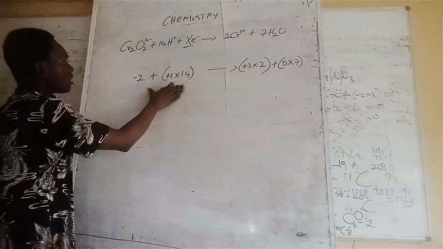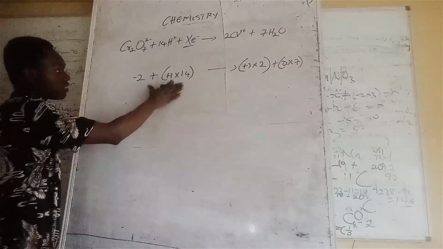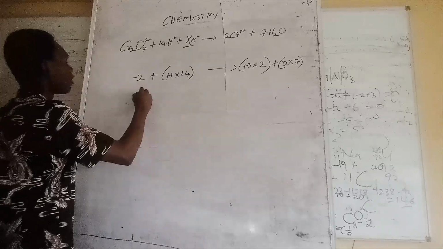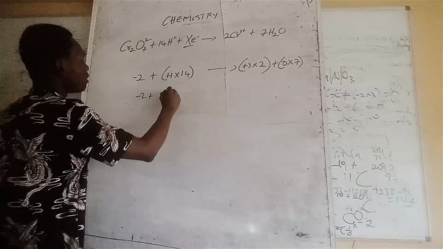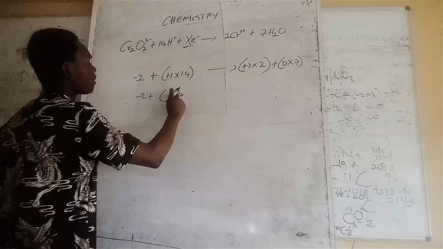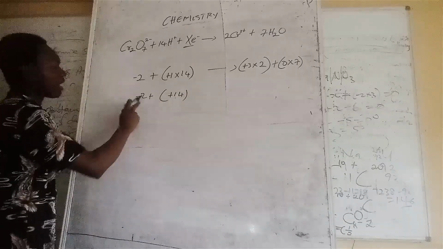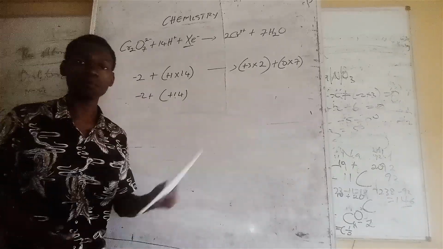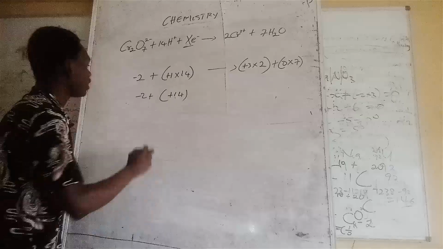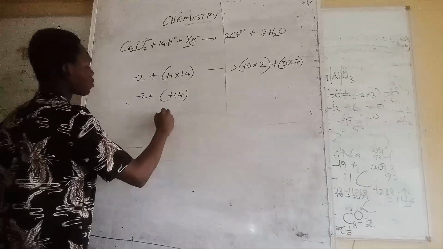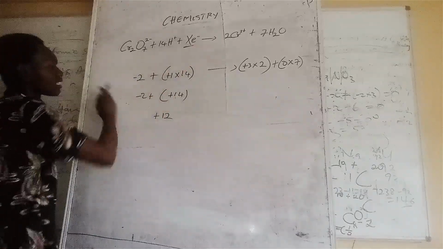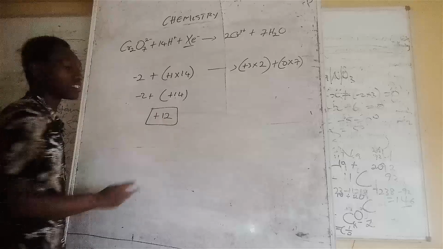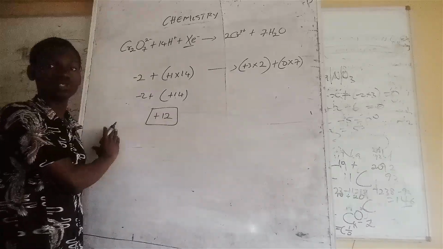Now let's quickly equate all this to get a particular answer. -2 plus 14 gives us +12. So on this reactant side, the total charge is +12.